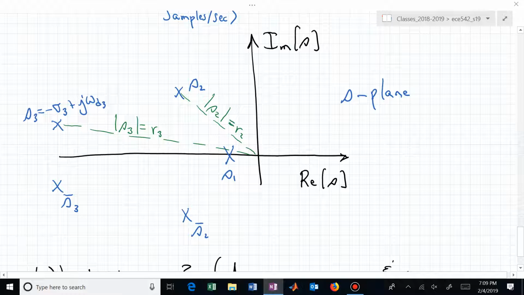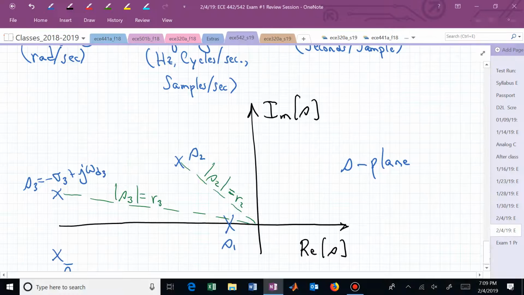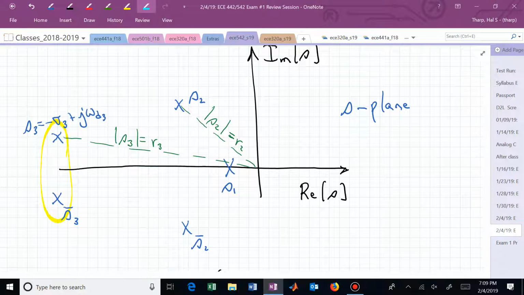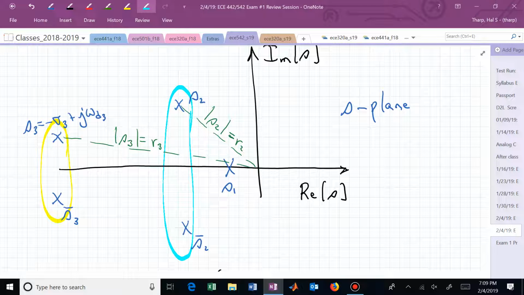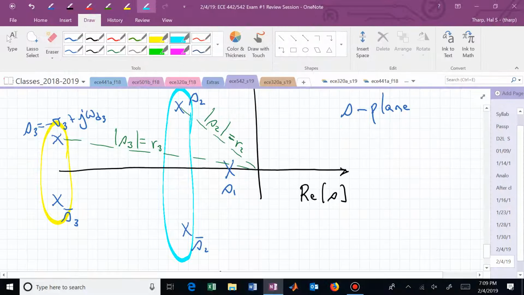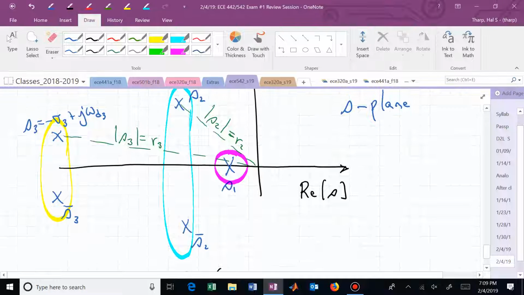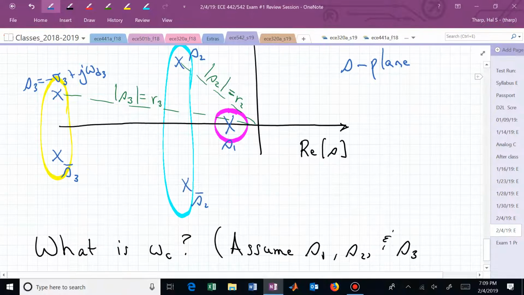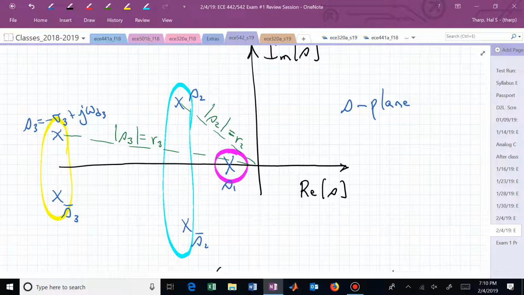Can you now talk about these particular poles relative to how they impact the system's behavior or response. If I ask you to identify the dominant, let me see if I can now start collecting these. So here's one set. Here's another set. And here's a third pole. Relative to those particular pairs, can you tell me which of those, the yellow, the blue, or the magenta, dominates the time domain behavior?